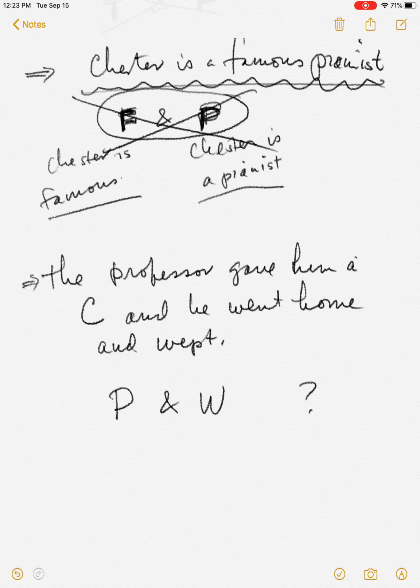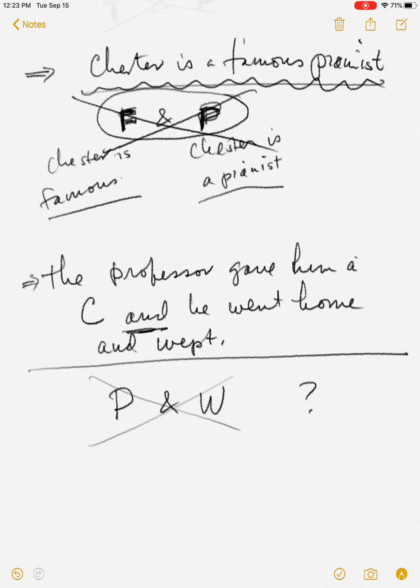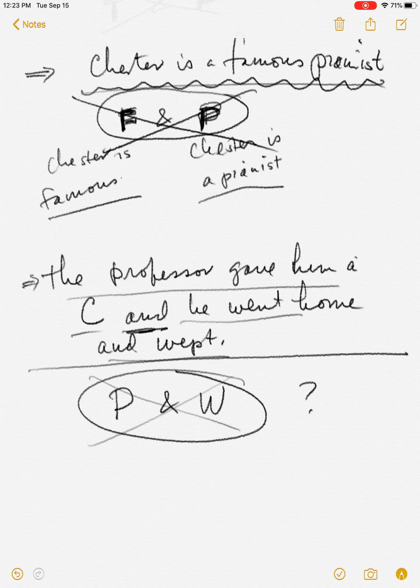This does not capture what's going on in this sentence, because what's going on with this "and" is that there's some causal connection between the professor giving him a C and his going home and weeping, right? Because this allows for the possibility that yes, the professor gave him a C, that's true, and yes, it's true he went home and wept, but he wept because a friend had hurt his feelings terribly.